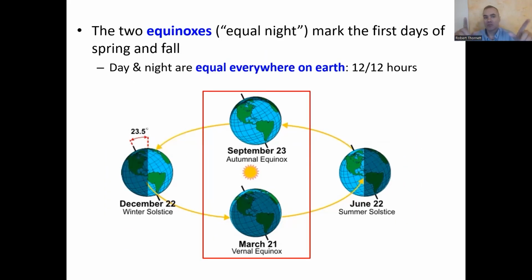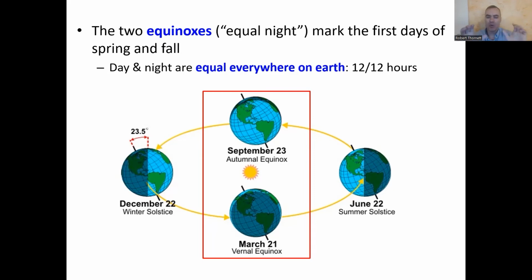But there are also two equinoxes. Equinox comes from the Latin nox, meaning night, so equal night. In the spring and the fall, which are referred to as vernal and autumnal on this diagram, the equinoxes are the first day of spring and fall when you don't have any difference between daylight and night.